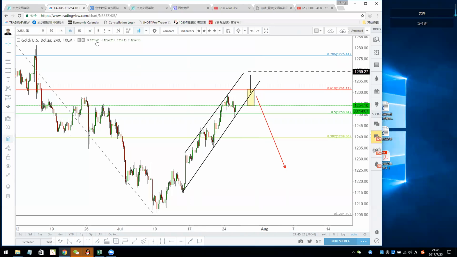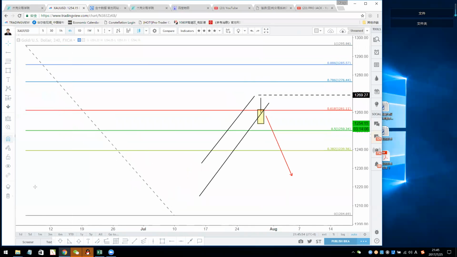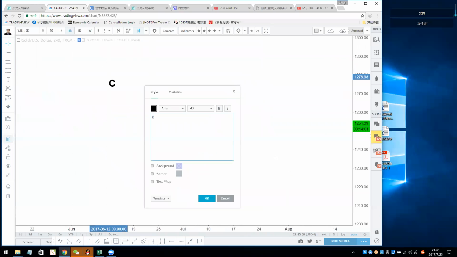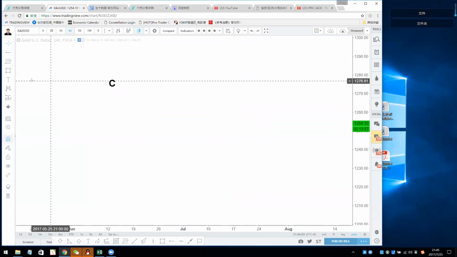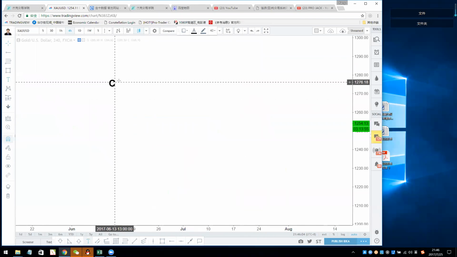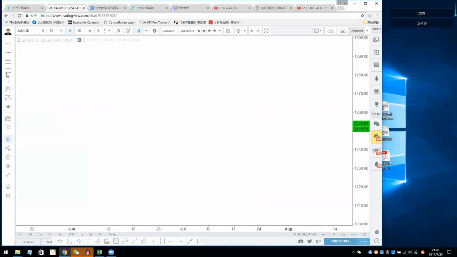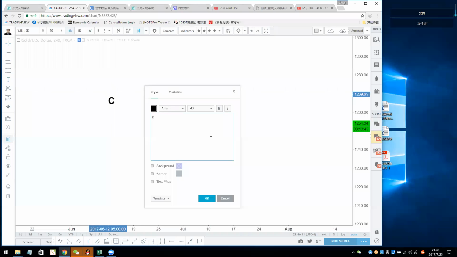I believe a lot of you guys know the formula. Let's do some very quick mathematics. I want to emphasize, don't always look at how accurate you are, every time you want to buy or sell and make money.